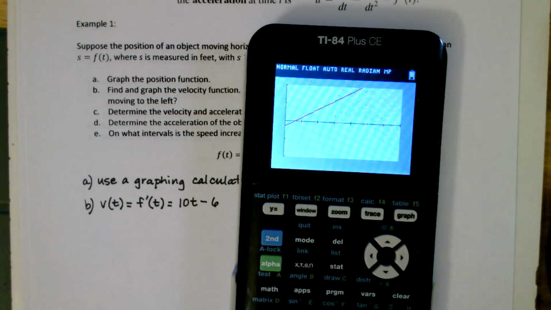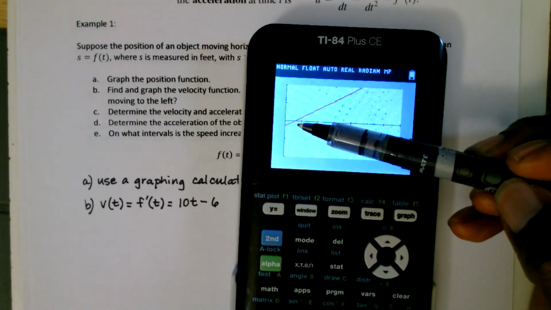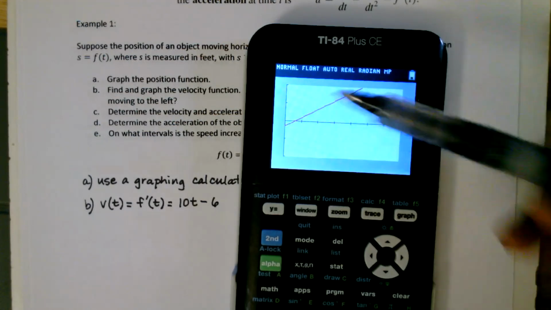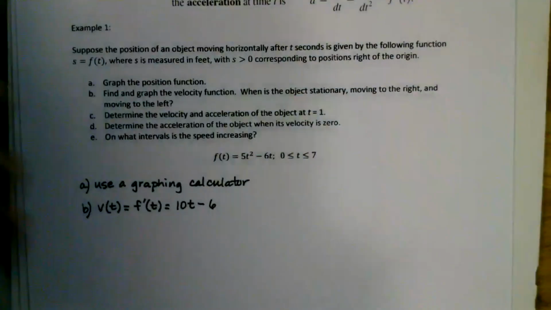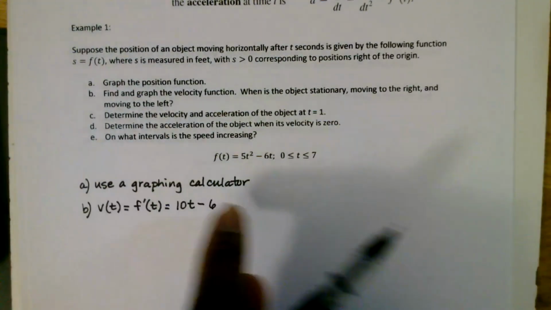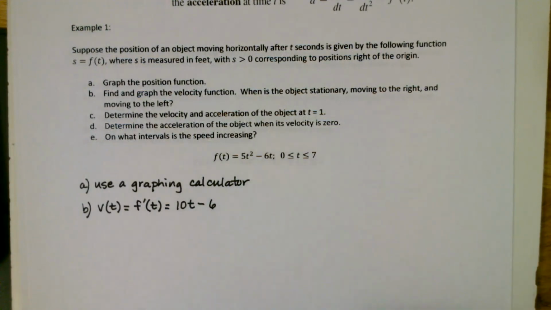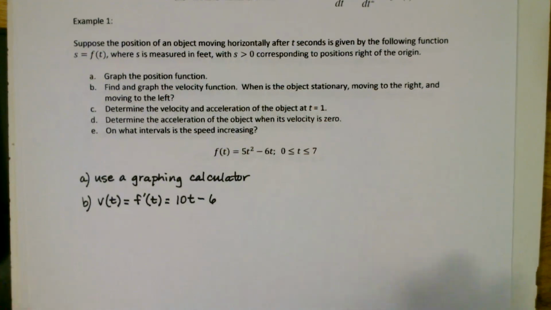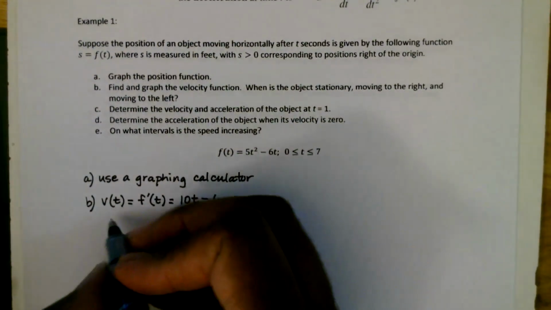Okay, so we know it's crossing the x-axis at some point. That's where the object will be stationary, meaning at what value of t will f prime of t be 0? That means the velocity will have to be 0.